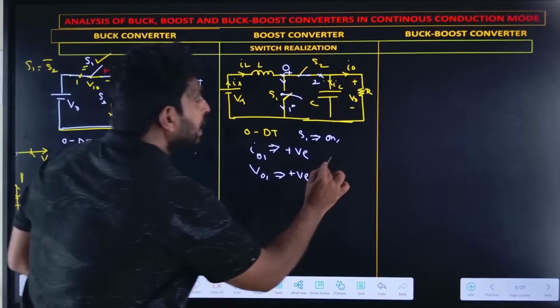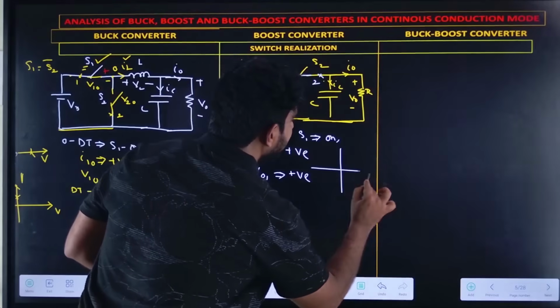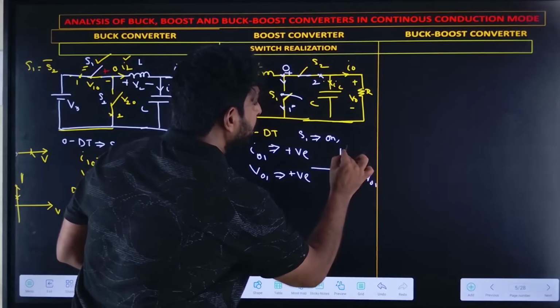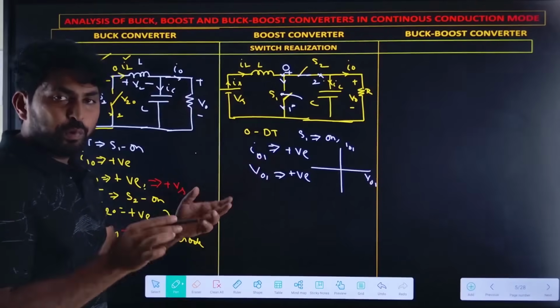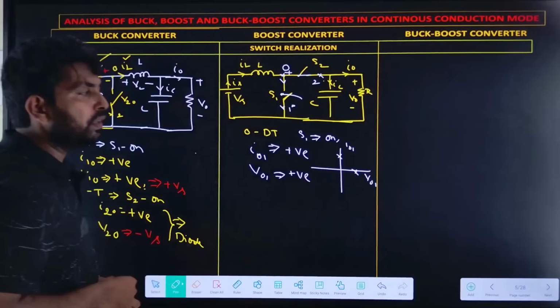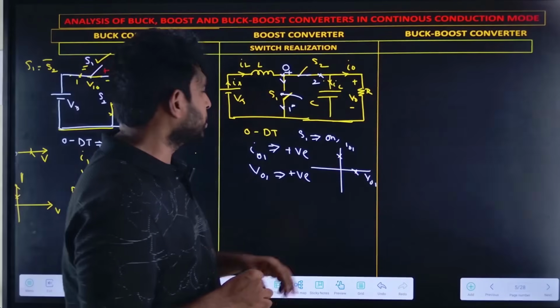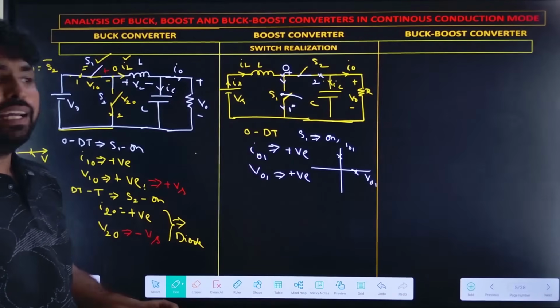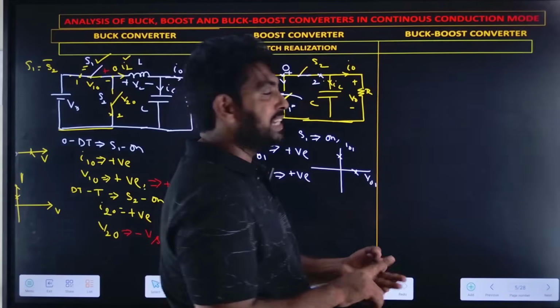If I draw it in the graph, let me take V01 and I01. Both voltage and current are positive. So this S1 can be replaced by either a transistor, MOSFET or IGBT.